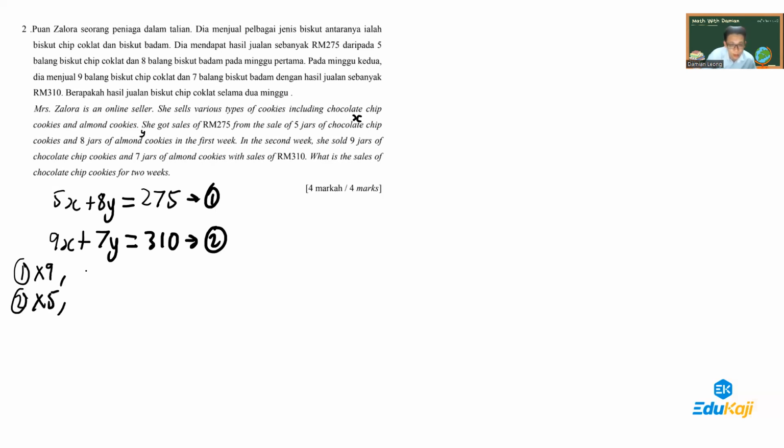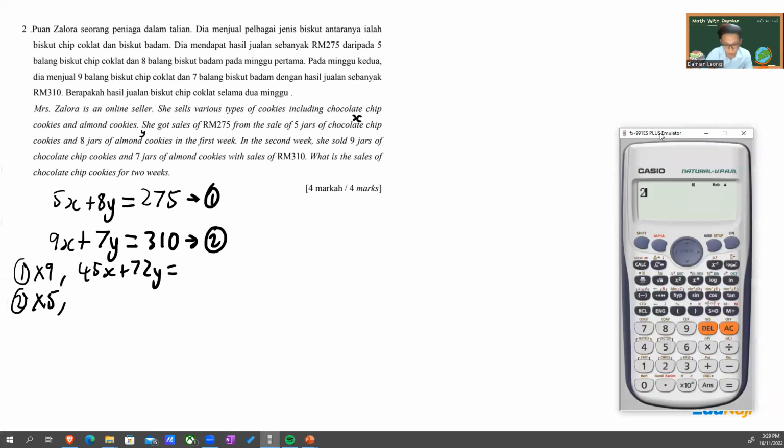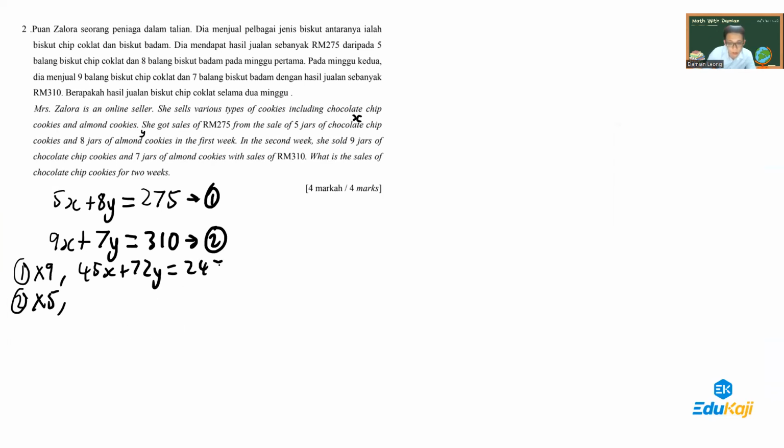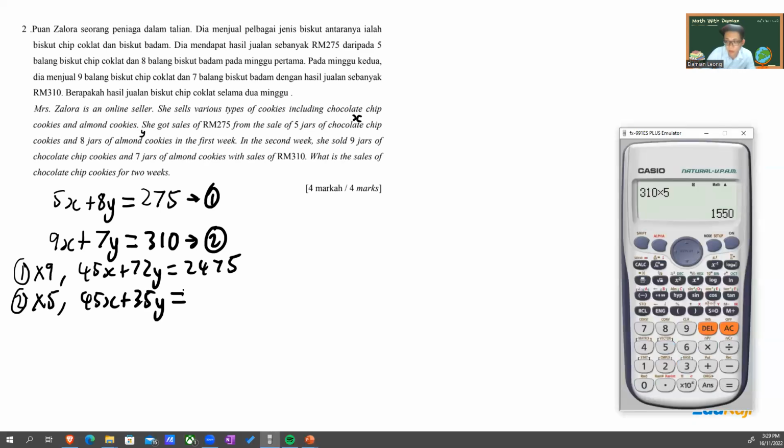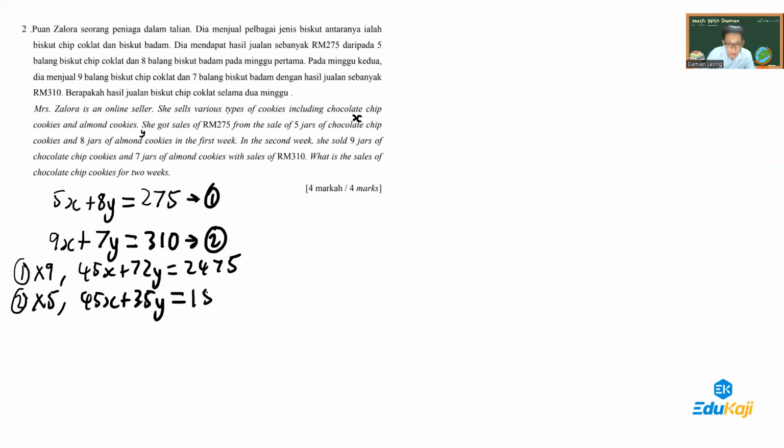So each of the terms here, I times 9: 45x plus 72y equals 275 times 9, 2475, and 9x times 5, 45x, 7 times 5, 35y, equals 310 times 5, 1550.